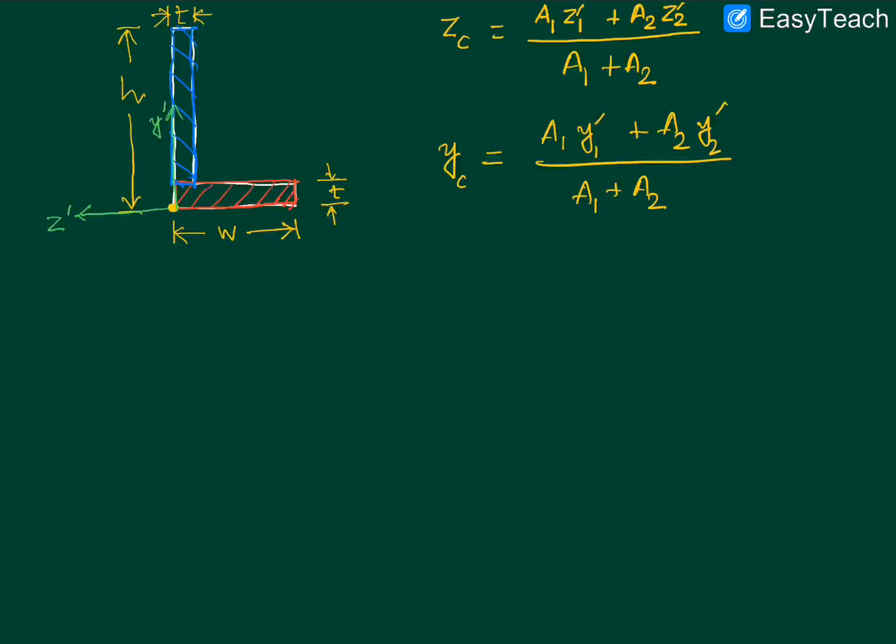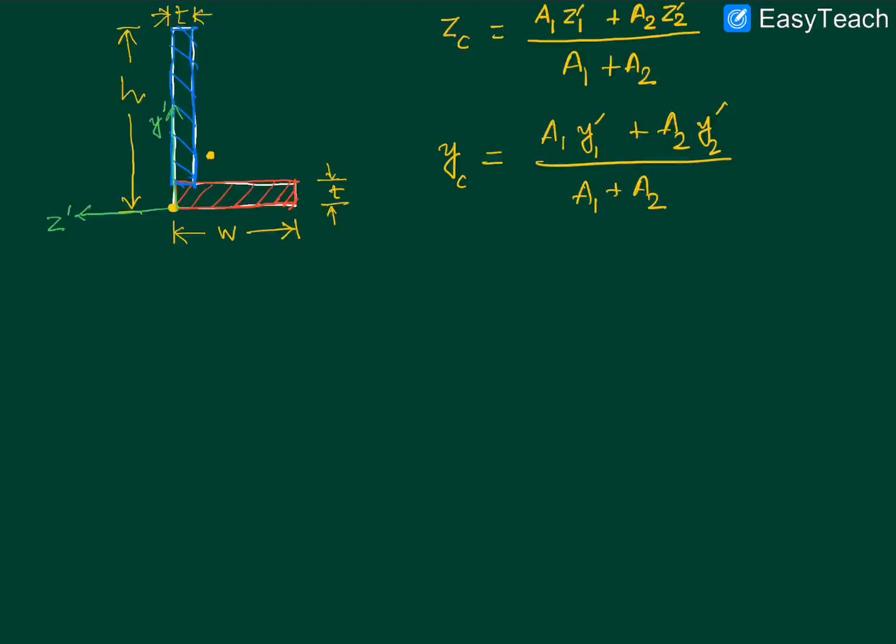Okay, so what do we do going forward? The moment we have the values of ZC and YC, we can go ahead and identify the actual centroid of the whole cross section, which will be lying somewhere here.